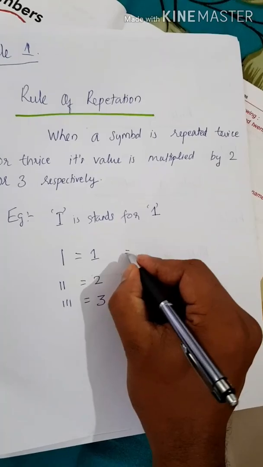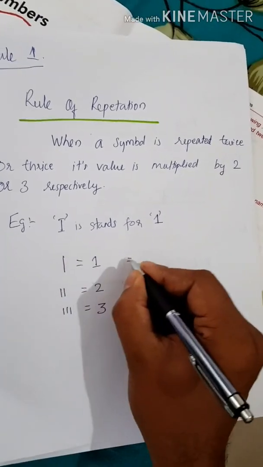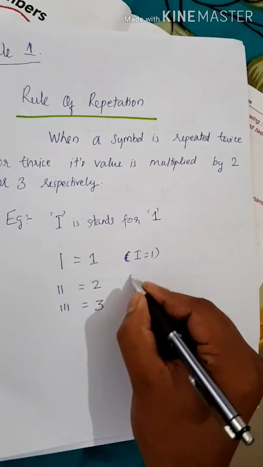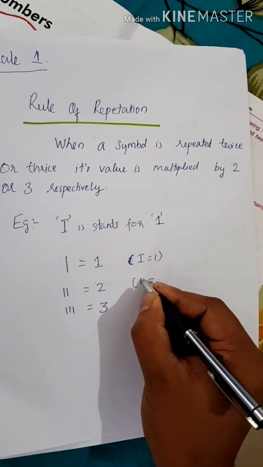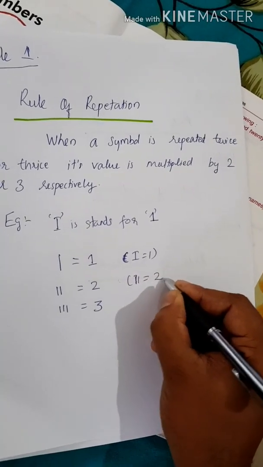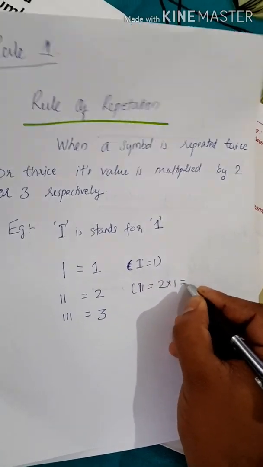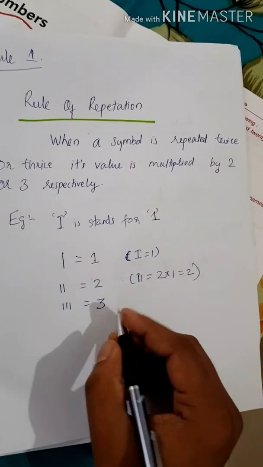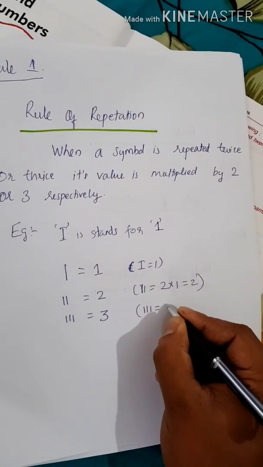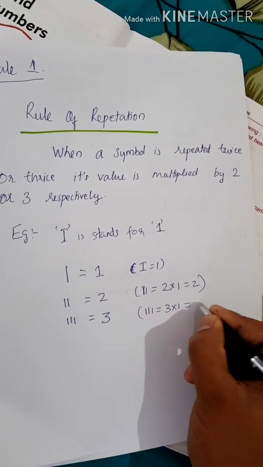II means 2 into 1, that means 2. And III is 3 times I, 3 into 1 is equal to 3.